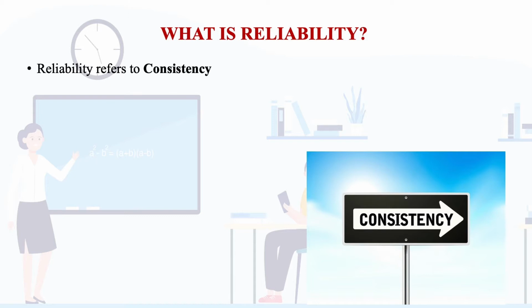To understand the concept of reliability, we can say that reliability refers to consistency, meaning a tool or a test that always gives us a consistent result, a faithful result, a dependable result, a stable result, or when we can predict the result of the test, we can say that this is a reliable test.